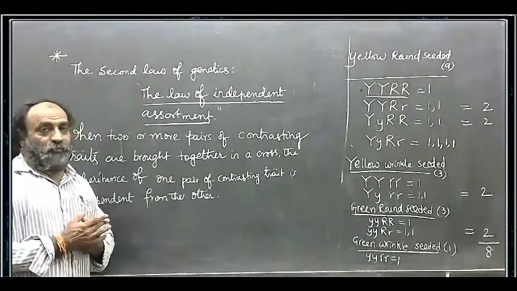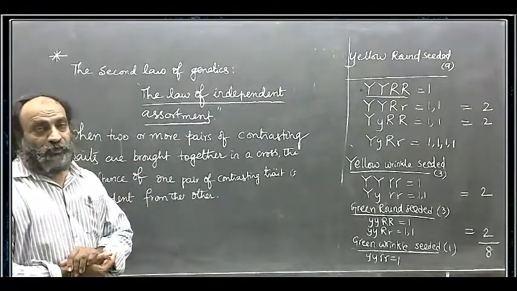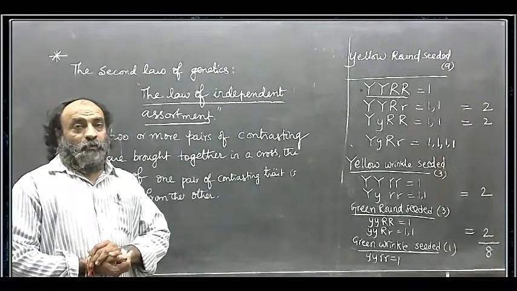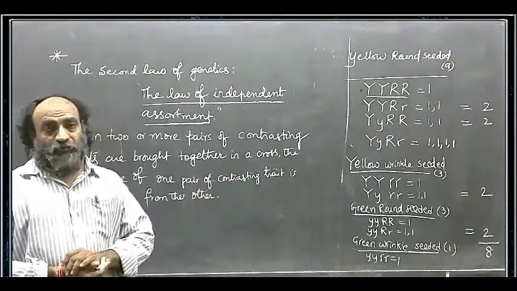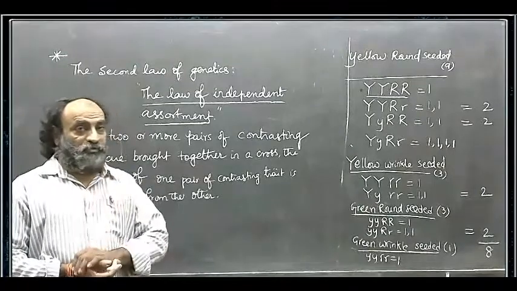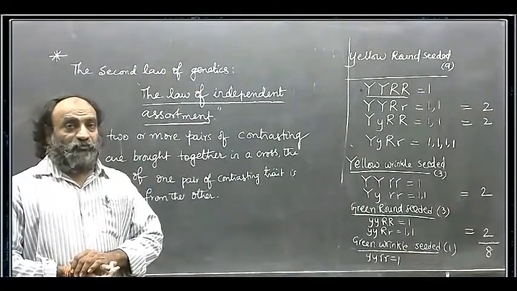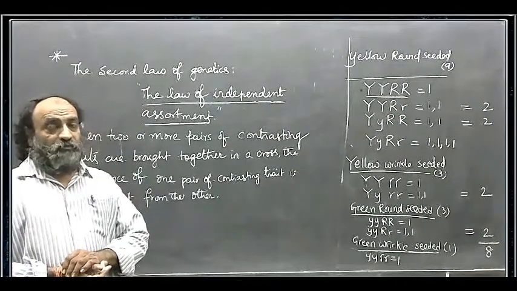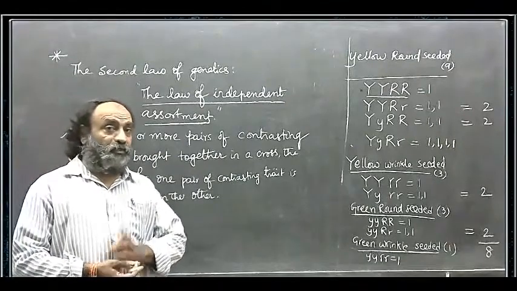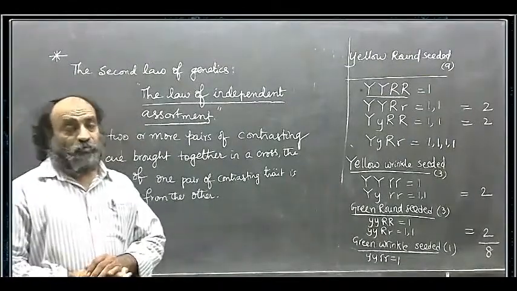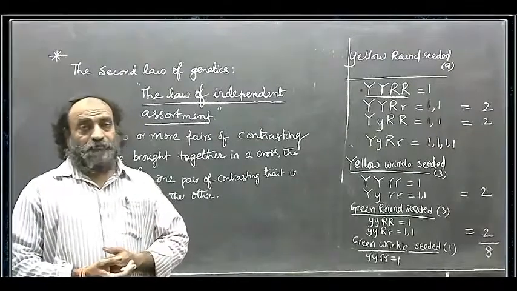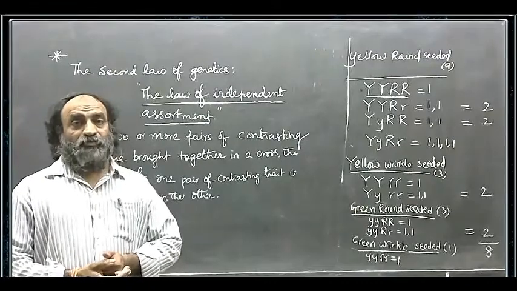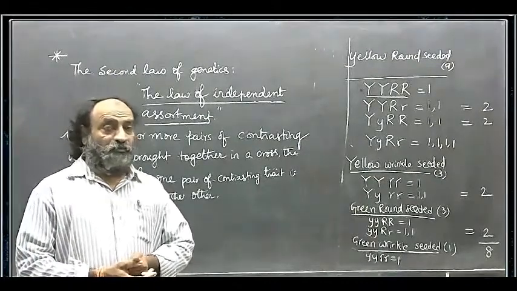Let me explain further for better understanding. In a dihybrid cross, we have chosen two characters: one is the shape of the seed, and the other is the color of the seed. Let us recollect the genes or alleles responsible for the color of the seed.